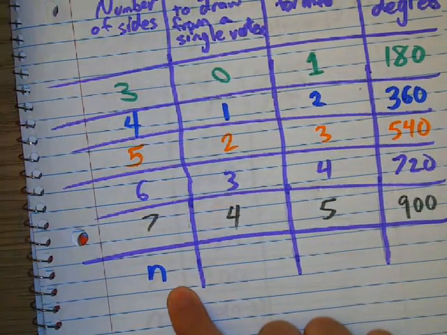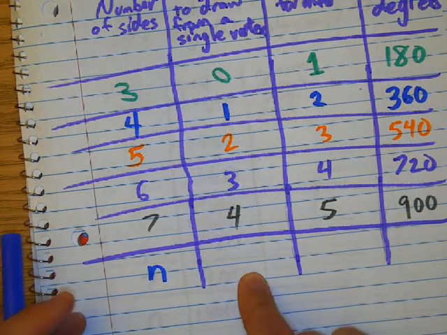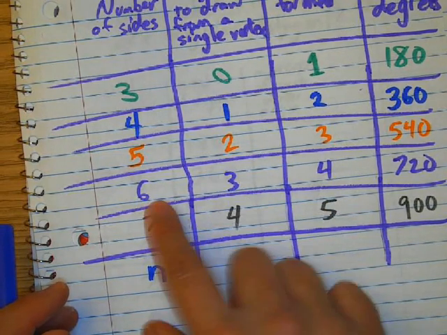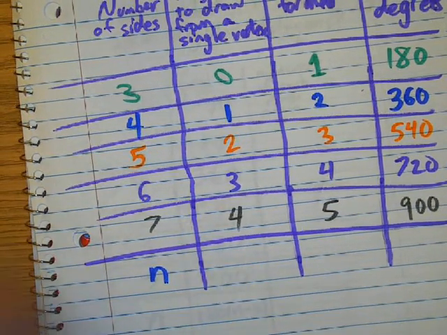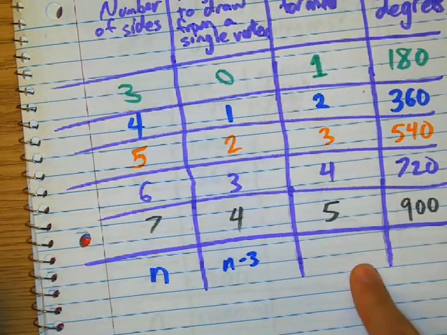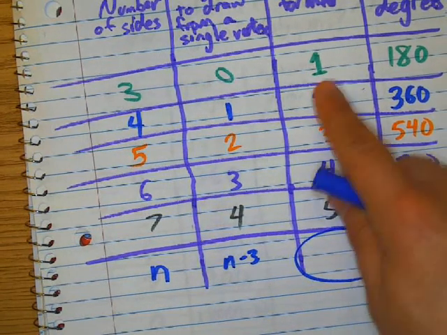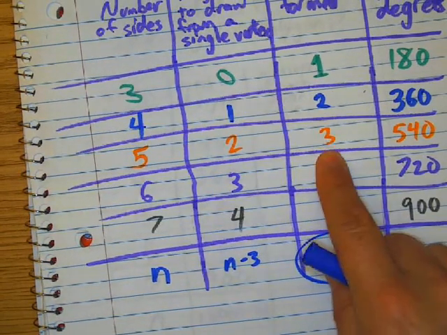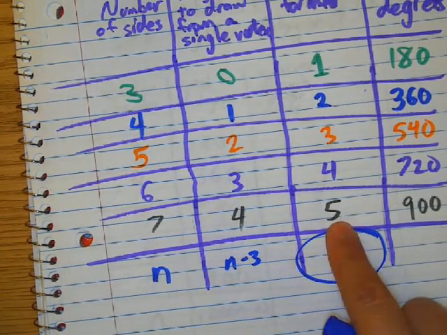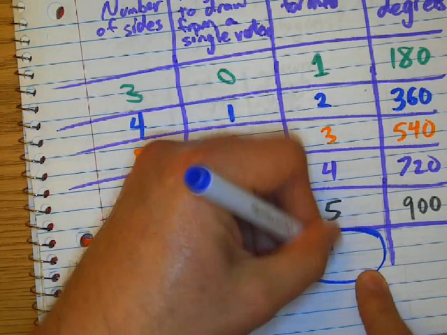If I've got n number of sides, then how many diagonals am I going to be able to draw? This is always 3 less than this, right? So n minus 3. So the number of triangles, this is the important thing, is 2 less than the number of sides, right? If I've got 7 sides, I've got 5 triangles. So I've got n sides, I have 2 less.